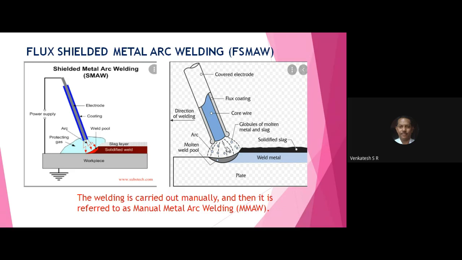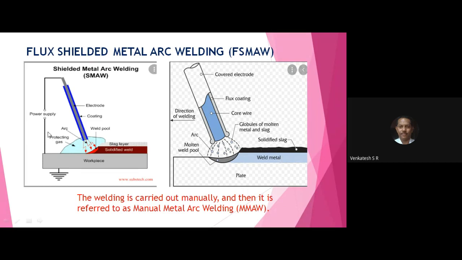The arc has a temperature of 4000 degrees centigrade, which is enough to melt the edges of the workpiece. After 2 to 5 minutes or 2 to 10 minutes, depending upon thickness, the weld solidifies and the joint is ready. After the solidification of the welded joint, remove the slag by using a chipping hammer or chisel and hammer.